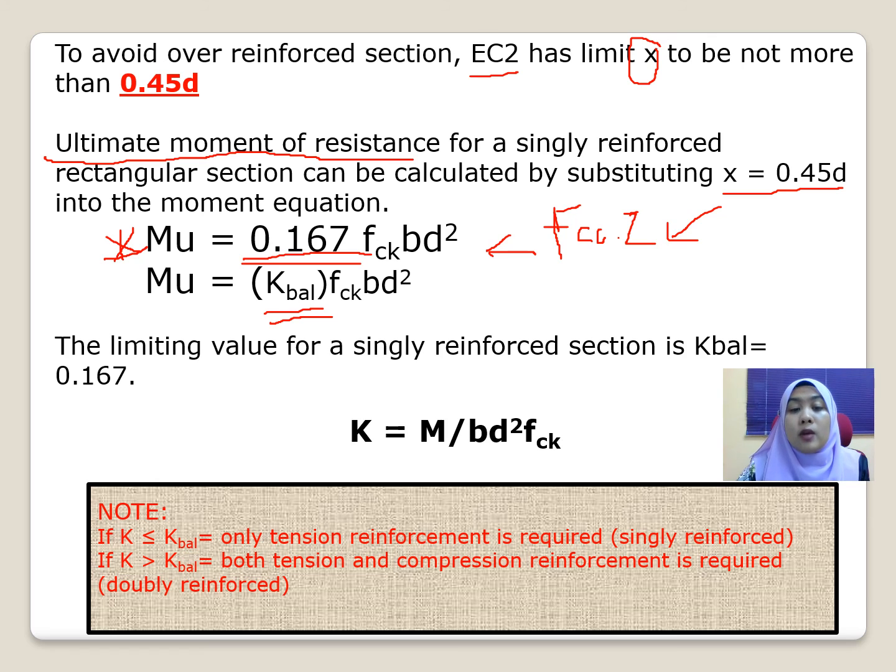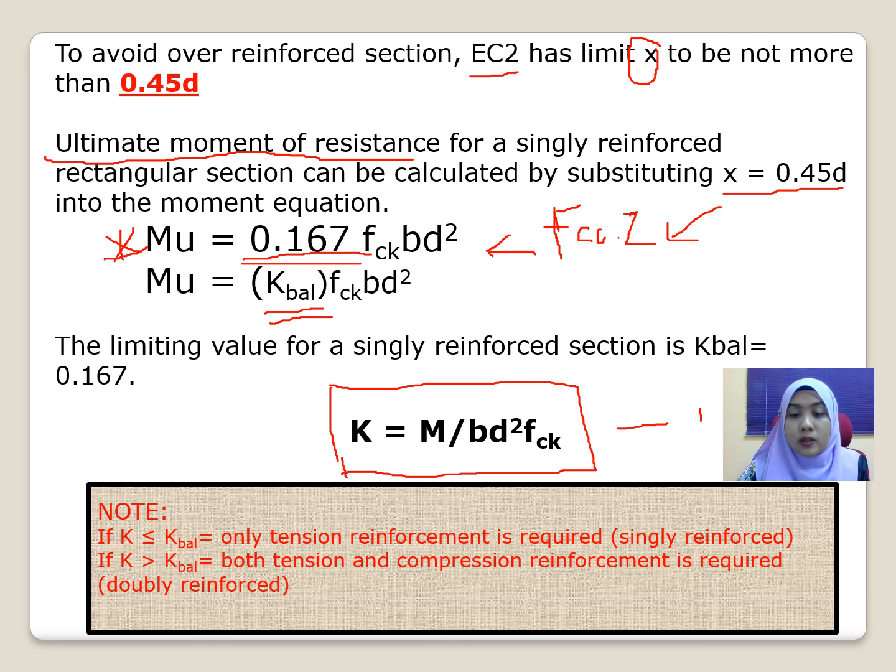Okay, so the limiting value for a singly reinforced section is K balance equal to 0.167. So we can rearrange the equation and you get K equals M divided by FCK BD squared. Okay, so this is the first equation that you are going to use when you start to design.